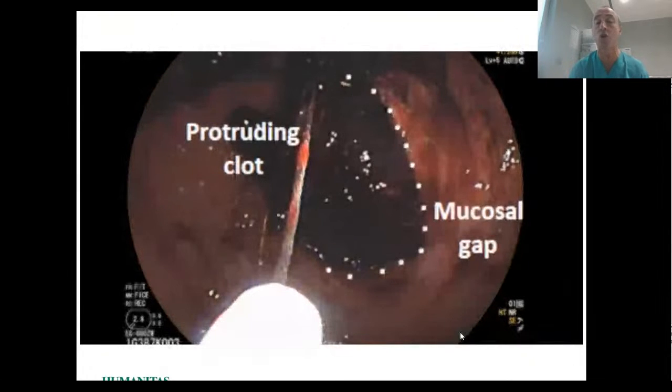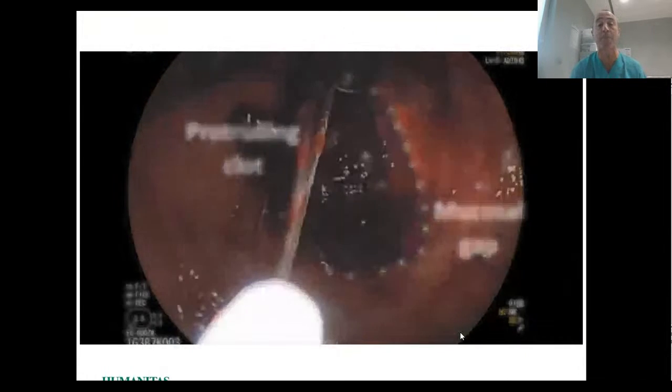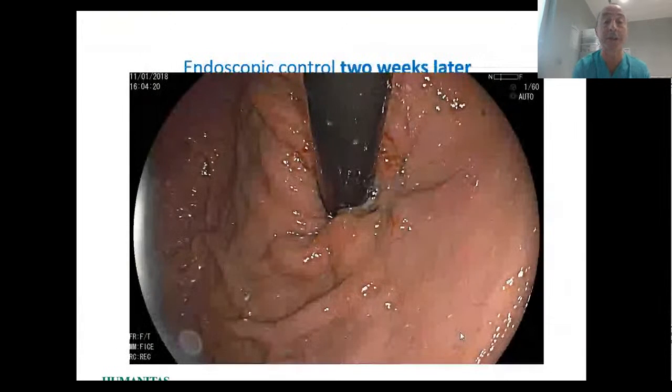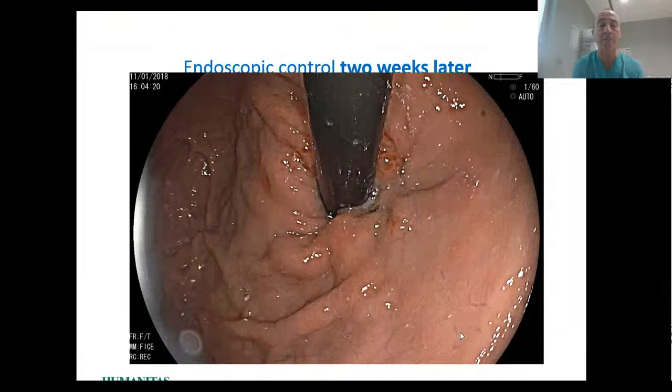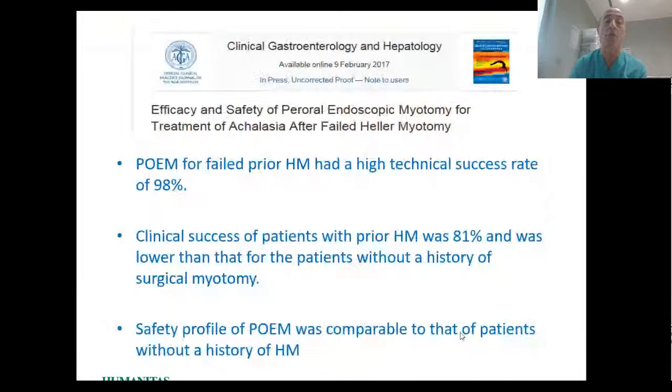But at a certain point, I recognized I could not do anything. So I left the patient like it was, and he recovered alone without doing anything. I just put him on parenteral nutrition and gave antibiotic therapy. I controlled it 2 weeks later. It was like a miracle, like nothing had happened.